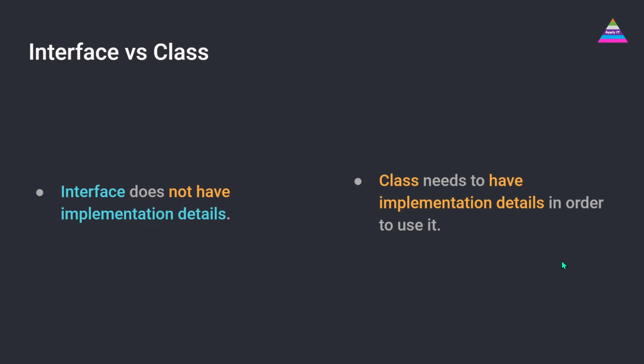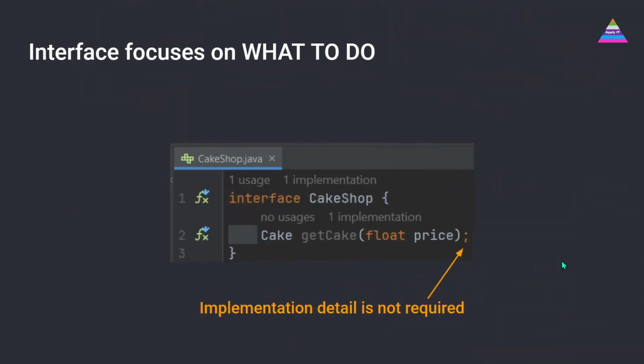Certain concepts have changed since Java version 8, but generally an interface will not have any implementation details. Whereas a class needs to have implementation details in order to be used. If certain things are missing in our class, then the class will be an abstract class and it will not be usable. So interfaces focus on what to do.